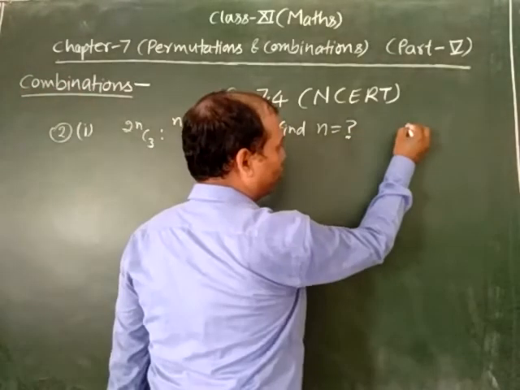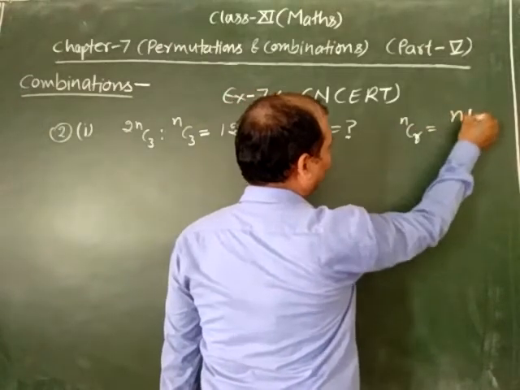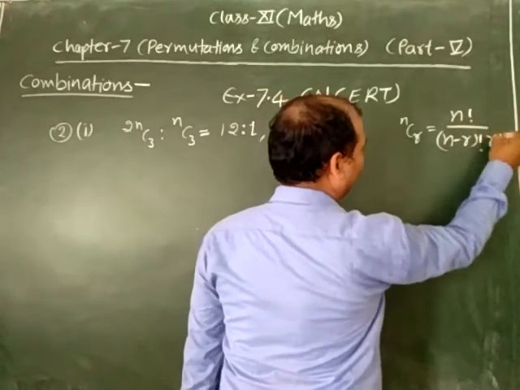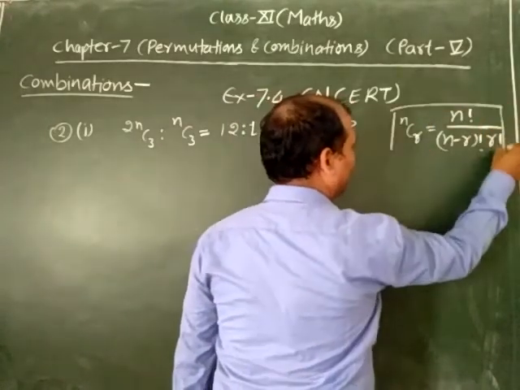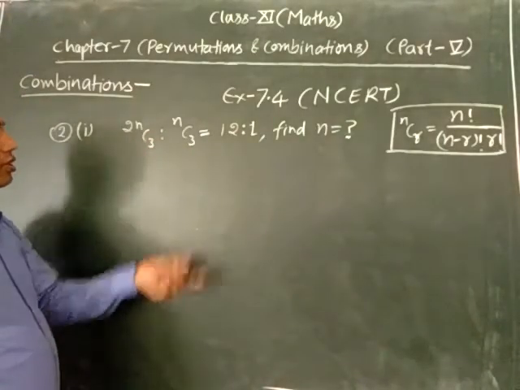Now, students, you know that nCr equals factorial n upon factorial n minus r factorial r. You know this formula. We are going to use this formula in this.